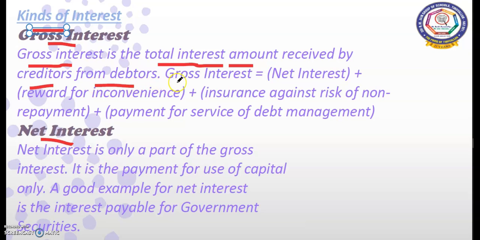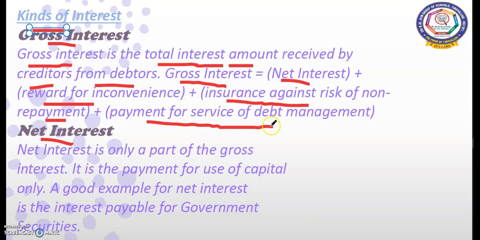Here there is a formula to calculate gross interest, that is net interest plus reward for inconvenience plus insurance against risk of non-repayment plus payment for service of debt management. So, this is the formula to calculate gross interest.